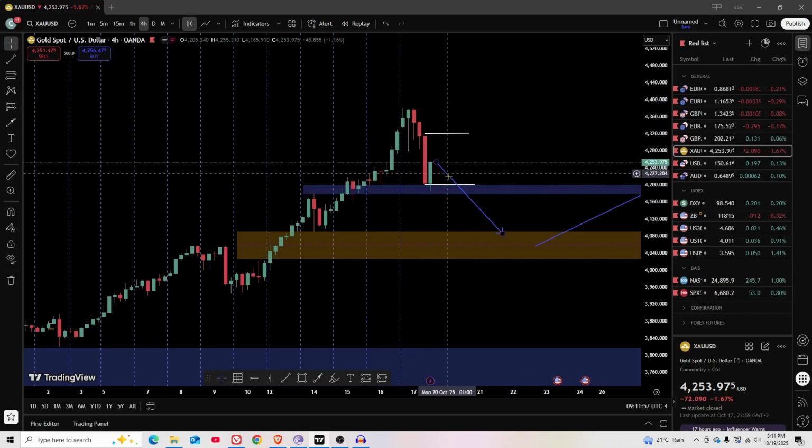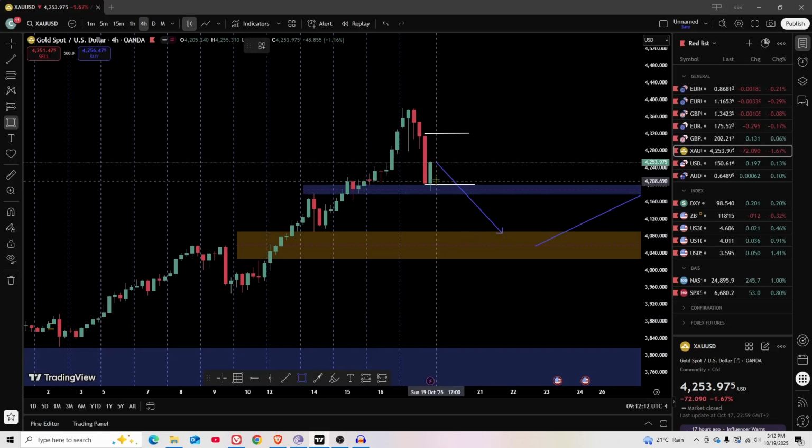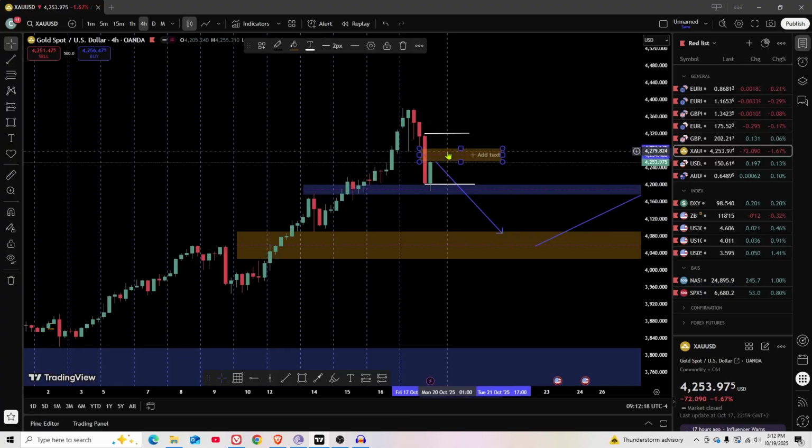But if the market comes and closes below this fair value gap, then we'll be looking to sell into this area. What will happen then is that the market will respect the newly created fair value gap over this area. The market will open, tap into that, and then push to the downside, right?